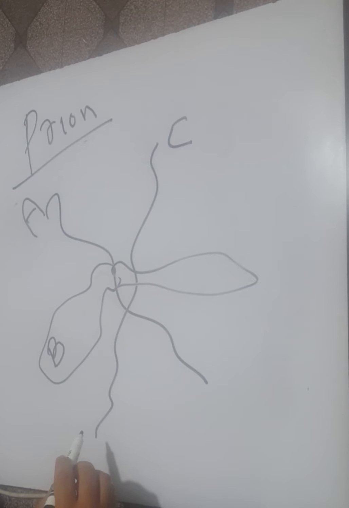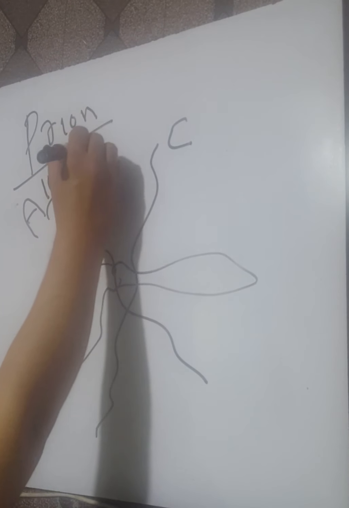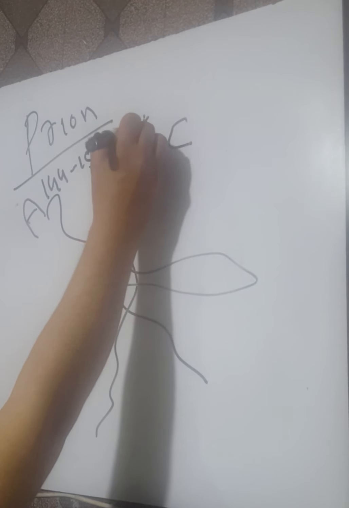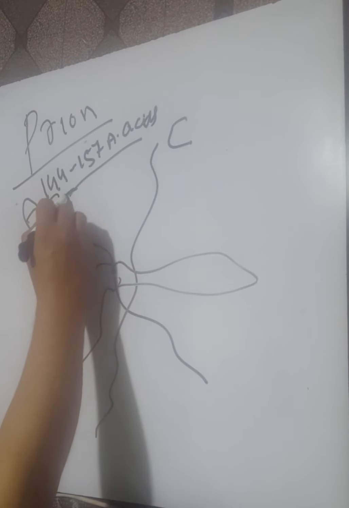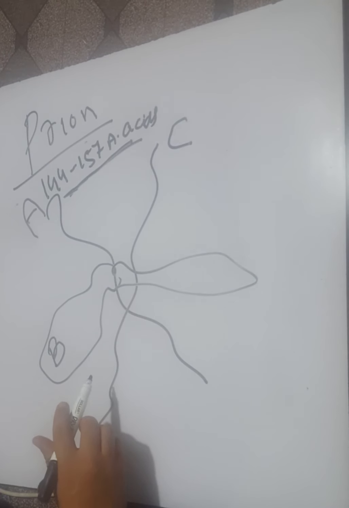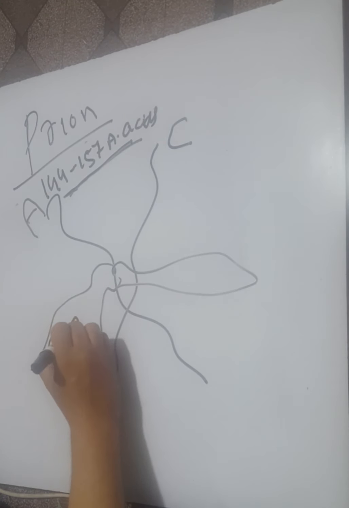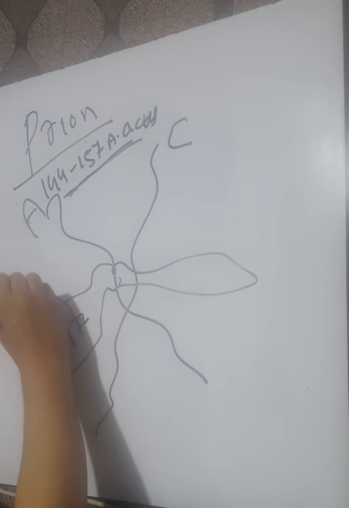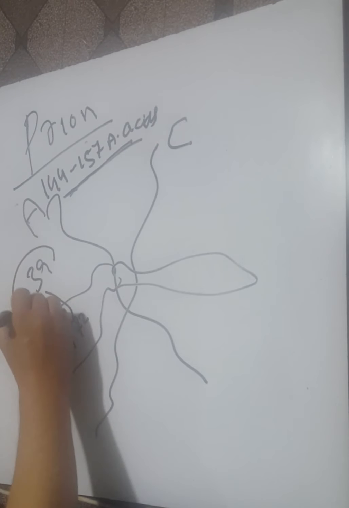In this case, the A unit contains 144 to 157 amino acids, while in the normal recombinant prion the A unit was 90 to 231. The beta contains 172 to 139 amino acids, while in the recombinant this was not so much.